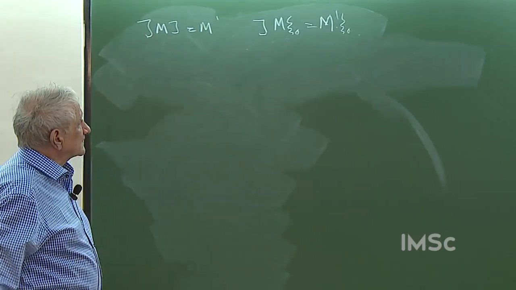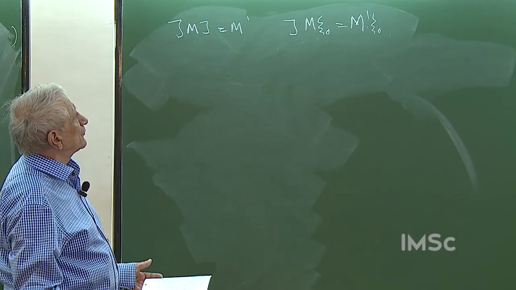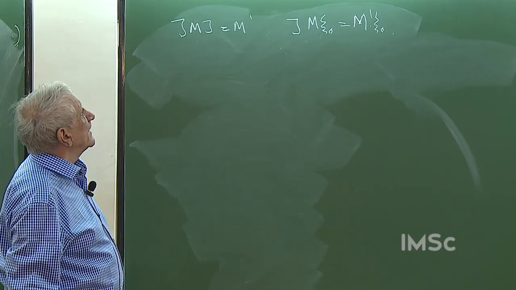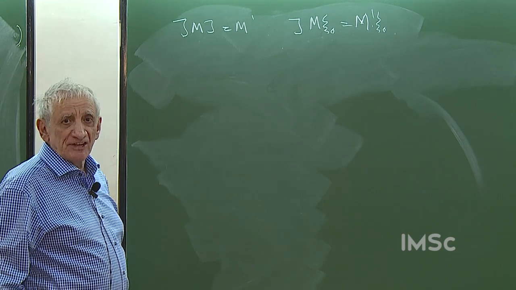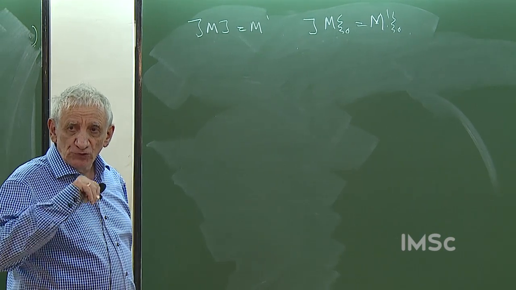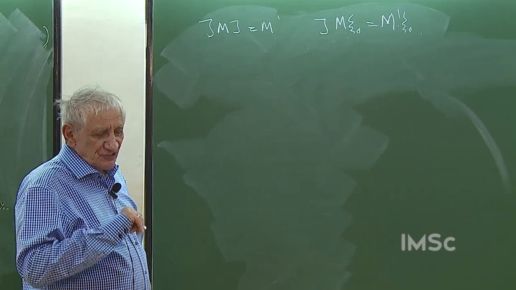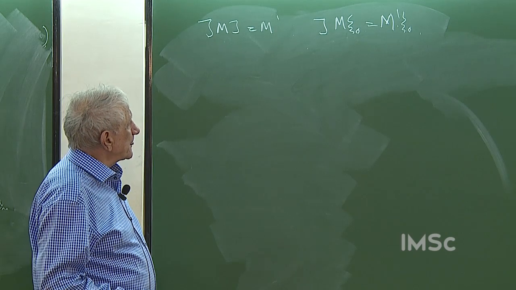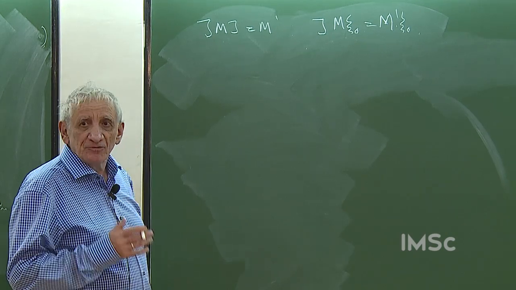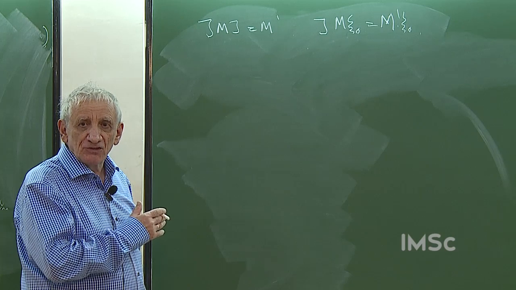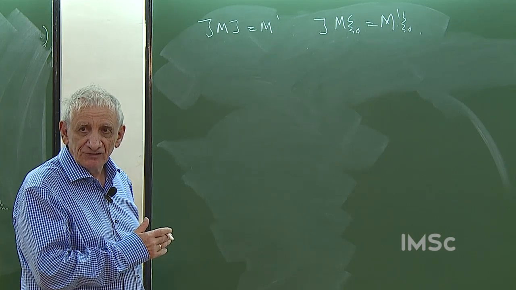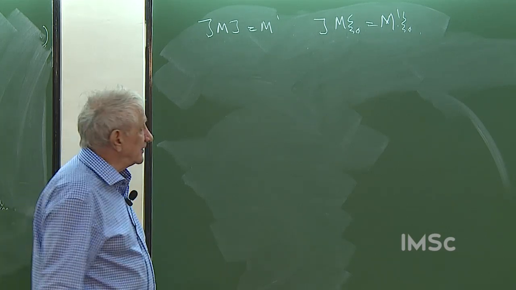So that let us say that J is a perfect bridge between M psi naught and M prime psi naught. What we will do, we will construct a very primitive bridge between M psi naught and M prime psi naught, a wooden bridge, say.